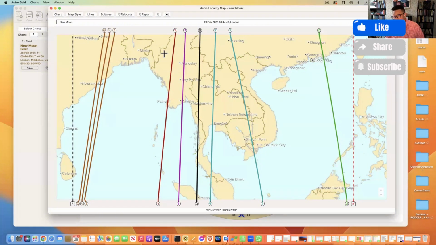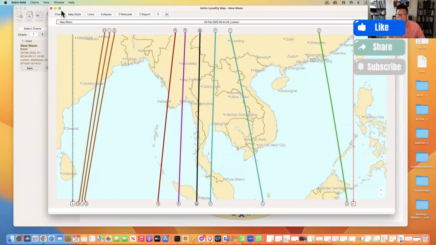But if we see Myanmar, the center of the earthquake this time, you will have Mercury and Saturn on the ascendant. Do you know Mercury in traditional astrology is a symbol of earthquake? And together with Saturn, the malefic planet, it does look nasty in this new moon chart.